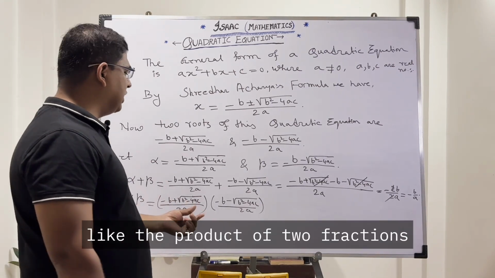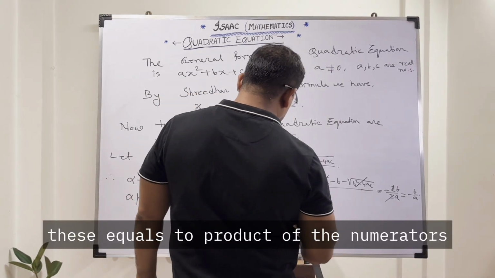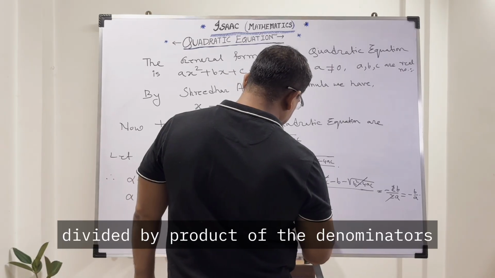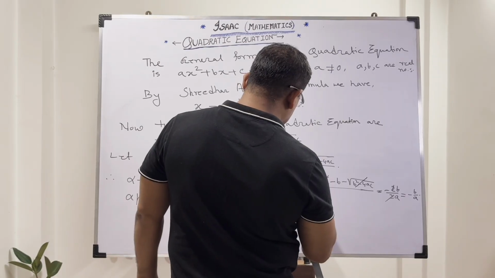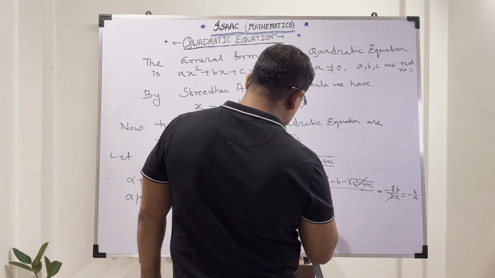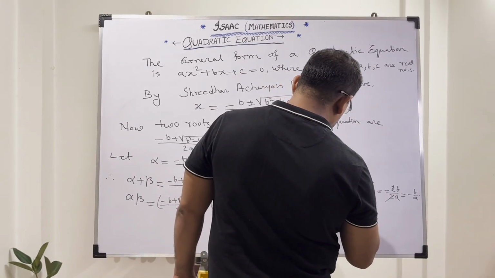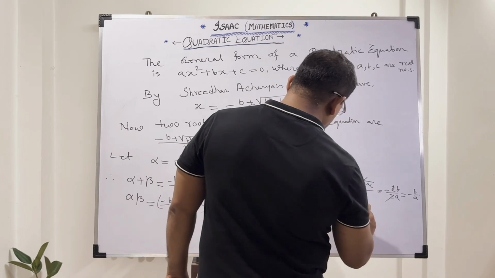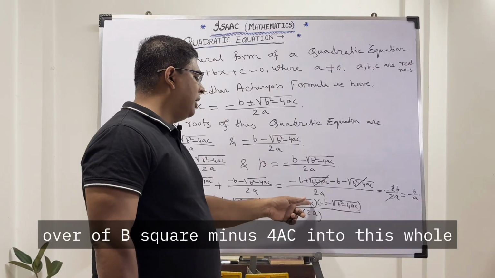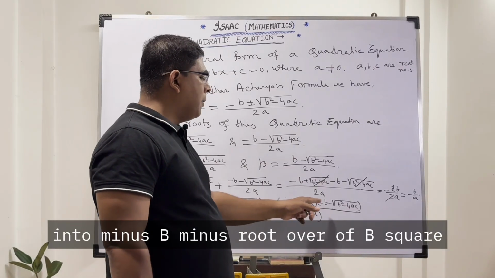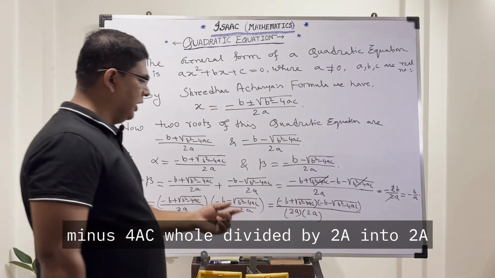Like the product of two fractions, this equals the product of the numerators divided by the product of the denominators. So the product becomes minus b plus root over of b square minus 4ac into minus b minus root over of b square minus 4ac whole divided by 2a into 2a.